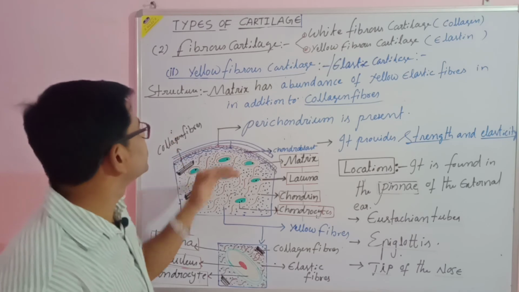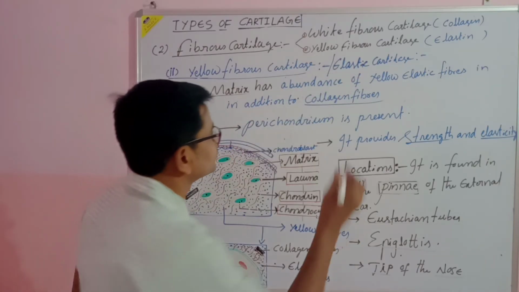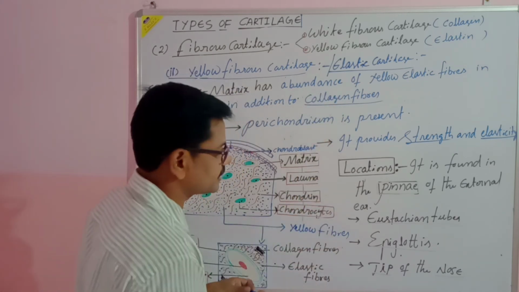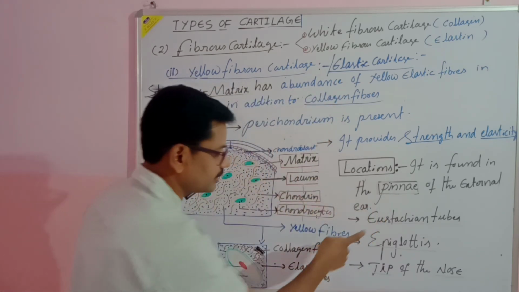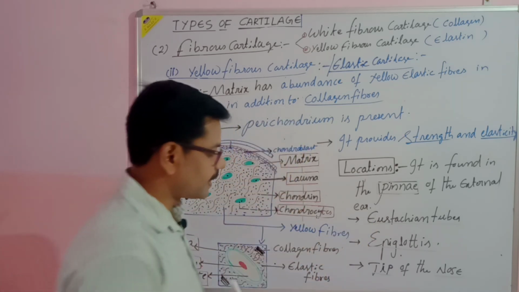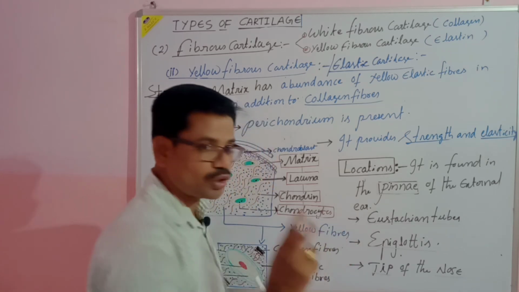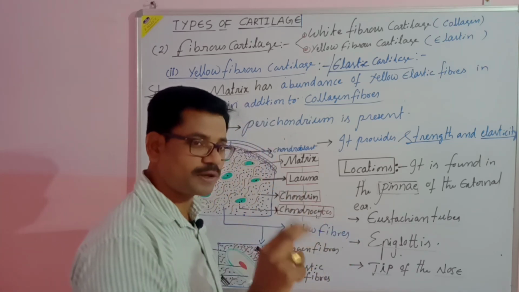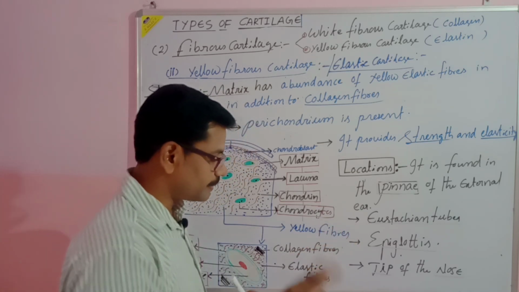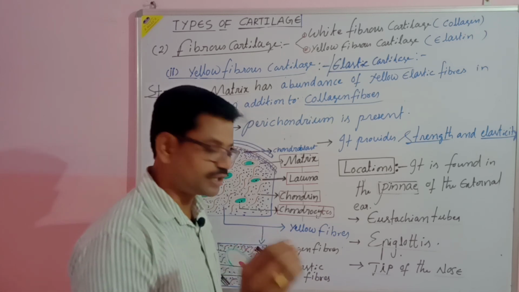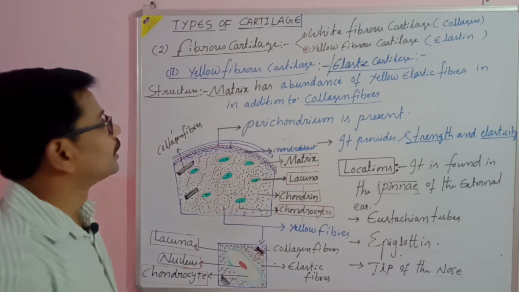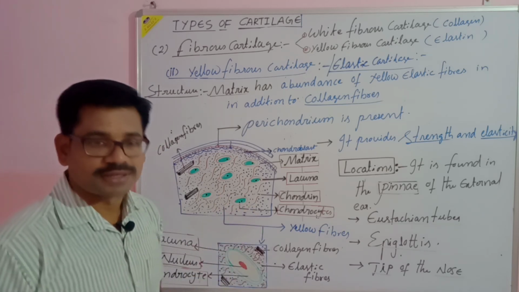But here you can remember easily elastic cartilage, the yellow fibrous connective tissue, is mostly present in the ear pinna, that's the external ear; the eustachian tube, a tube-like structure which connects the middle ear and the nasopharynx; the epiglottis, a flap-like structure present upon the glottis, which closes and opens and allows the air but prevents the entry of solids and liquids; and the tip of the nose. This is the major difference between white fibrous cartilage and yellow fibrous cartilage.